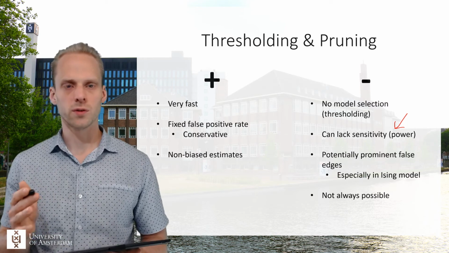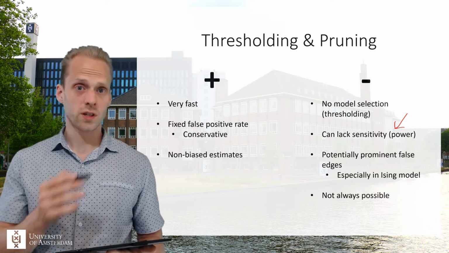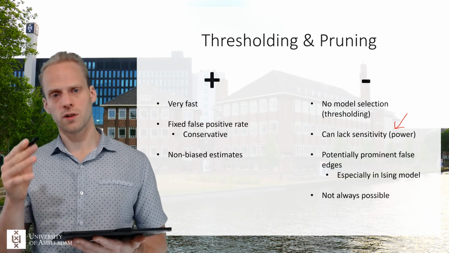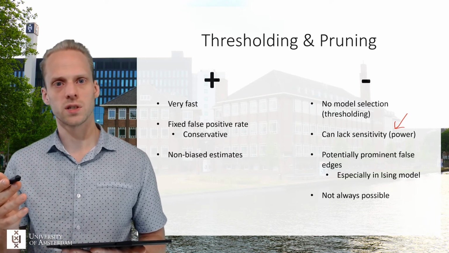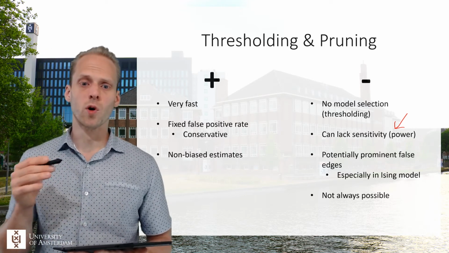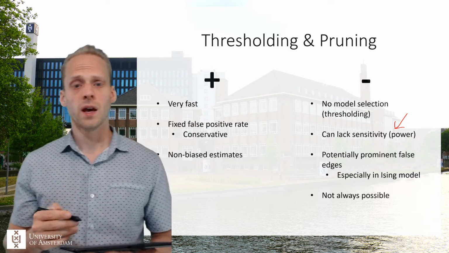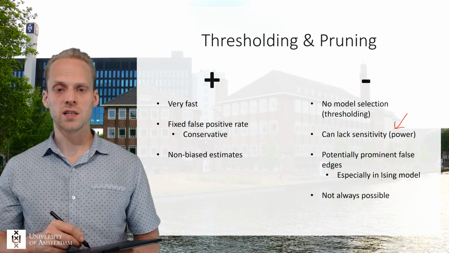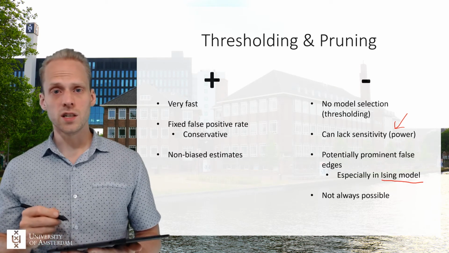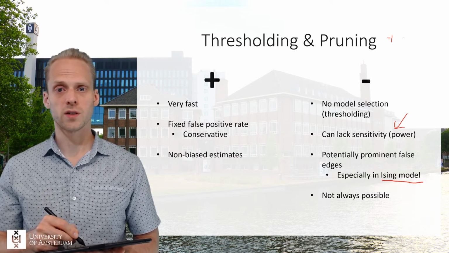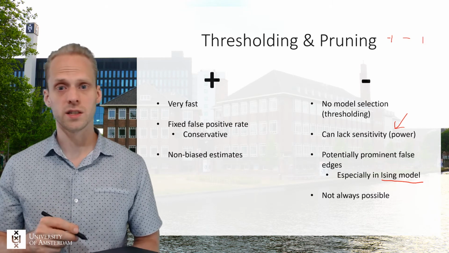Well, every method will do that. But the false positives that you include will be very substantial because they all pass the threshold needed to reach statistical significance. So they might be a little bit more prominent in the network, especially at lower sample sizes. And I think this is especially the case in the Ising model. The Ising model, like the Gaussian graphical model, has parameters, but in the GGM they go from -1 to 1 because they're partial correlations.